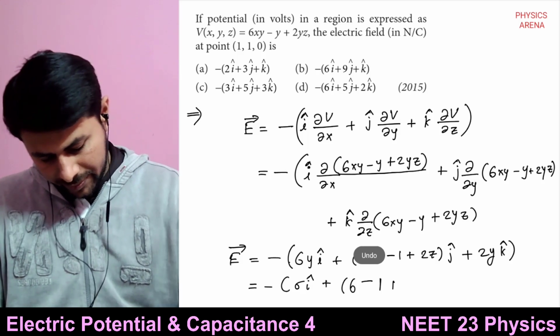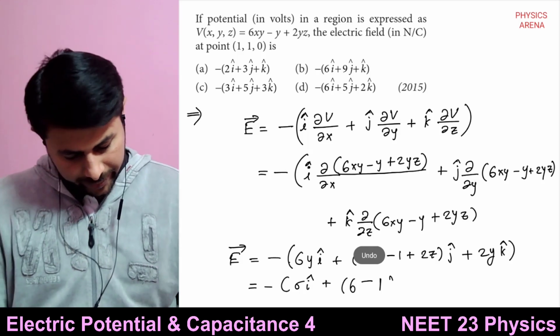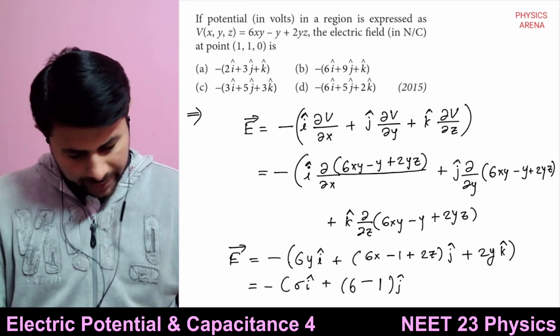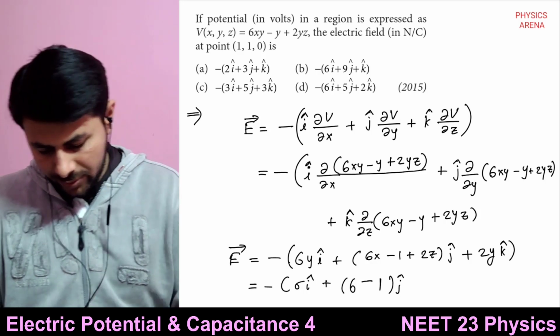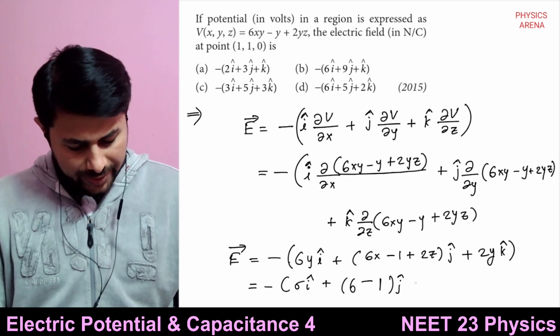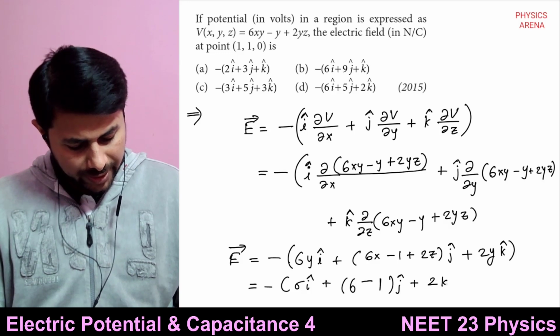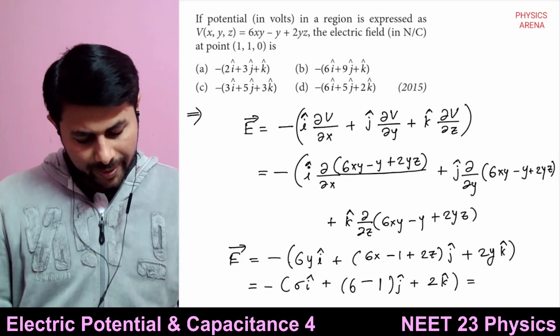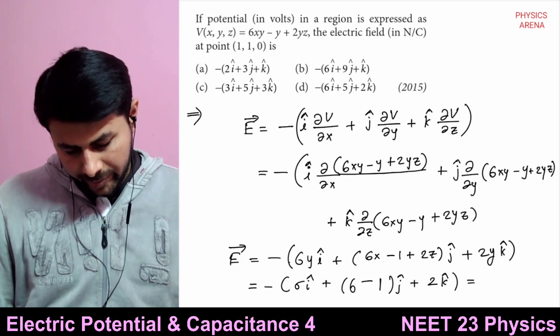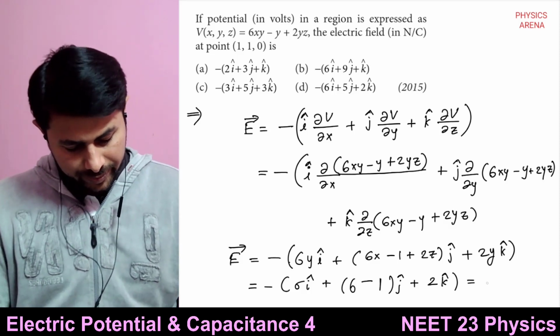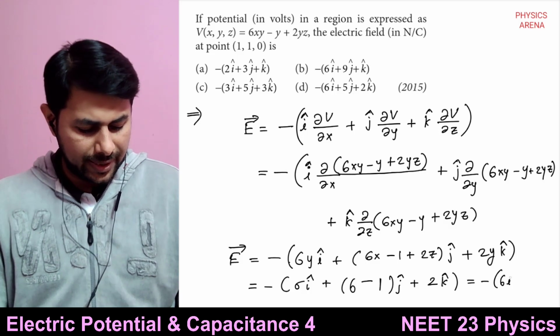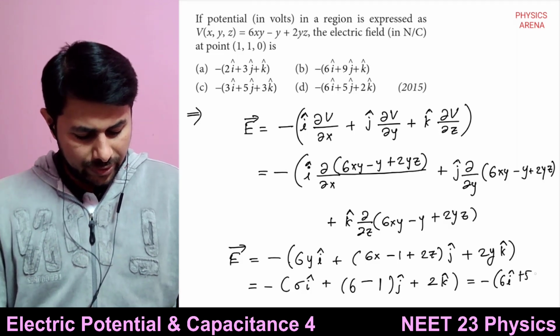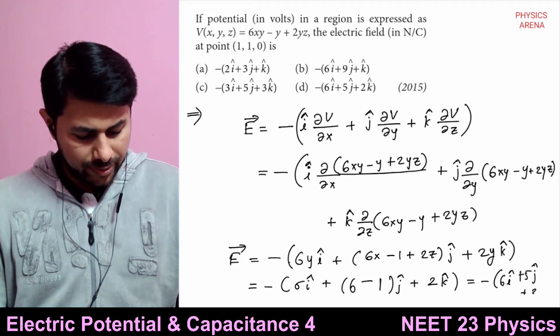So z is 0, times j, and then you have 2 times y. So it's 2 because y is equal to 1, 2 times k cap. So this is the answer. It is minus of 6i plus 5j plus 2k. Yeah, option D. Minus of 6i plus 5j plus 2k.